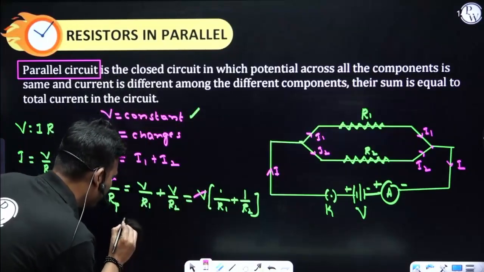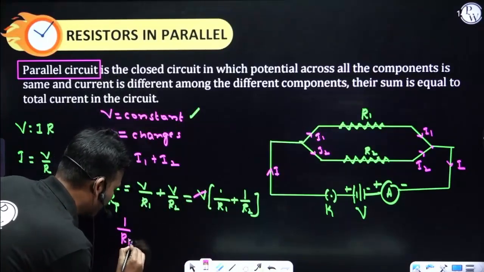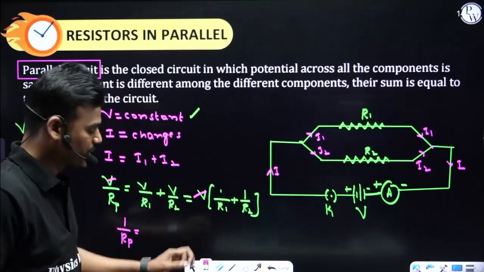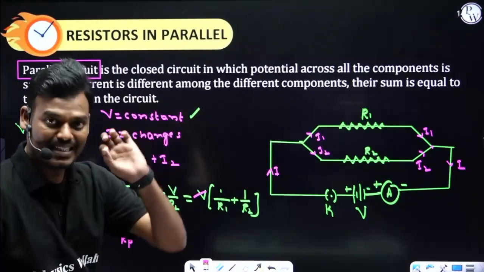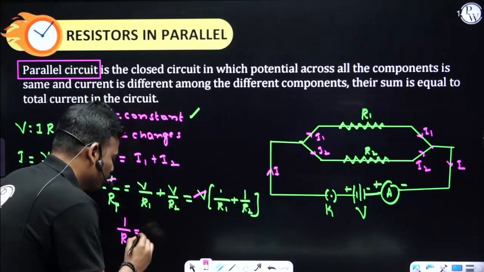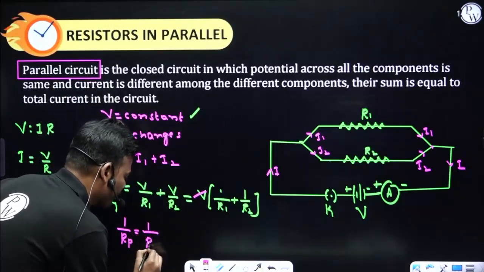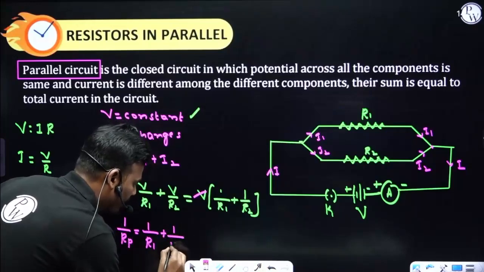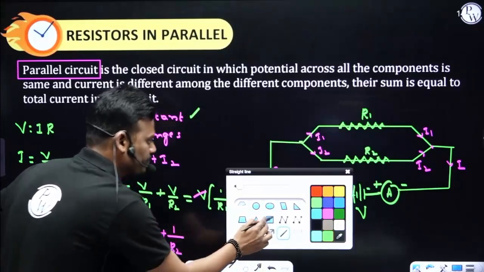So finally 1 divided by Rp, that is a parallel combination, or else equivalent resistance of the circuit, or else total resistance of the circuit, equals 1 divided by R1 plus 1 divided by R2.